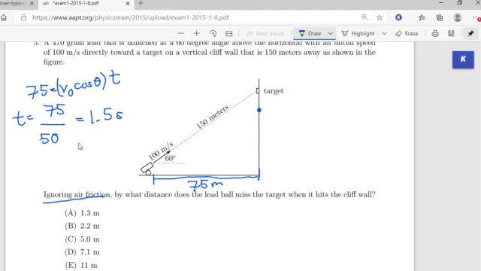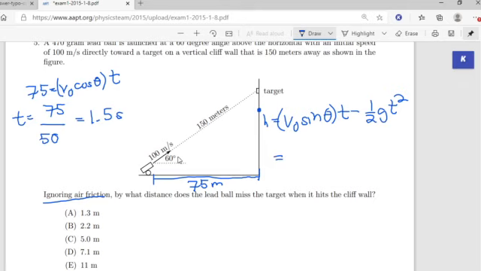Okay, and now for the height. And this time we do have an acceleration. So now it would be V naught sine theta. H is equal to V naught sine theta times t minus 1 half g t squared. Now it's sine 60, which is root 3 over 2.